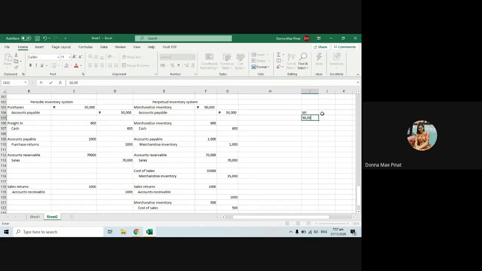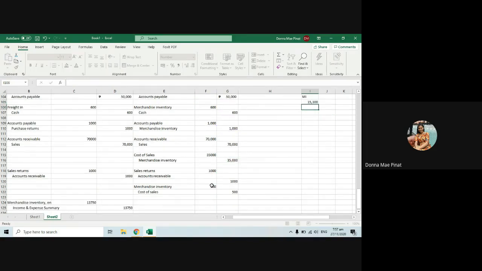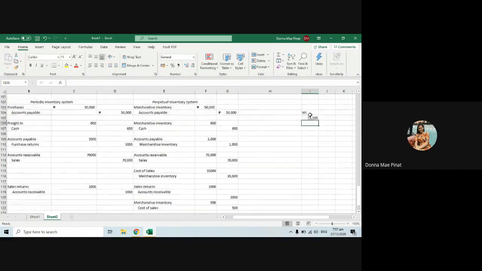You have 50,000, plus 600, minus 1,000, minus 35, plus 500. So, in your record, 15,100. This is as per stock card.